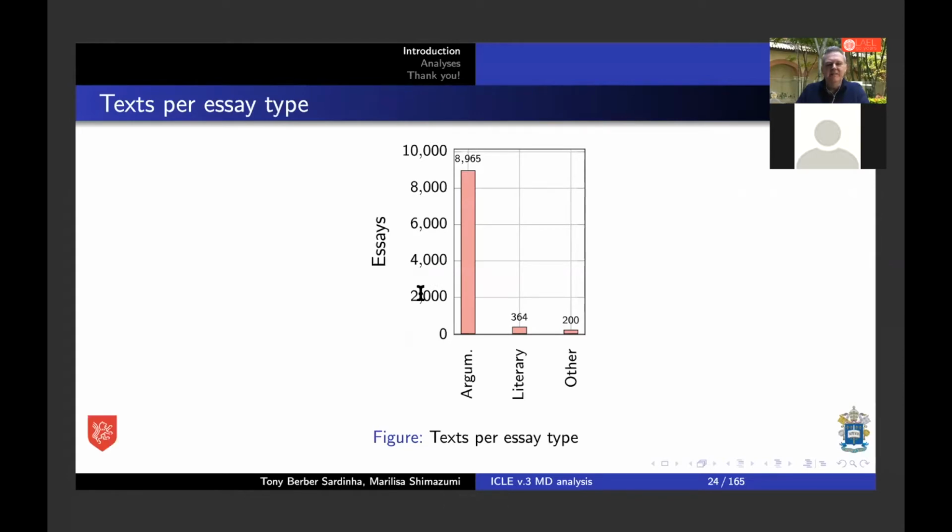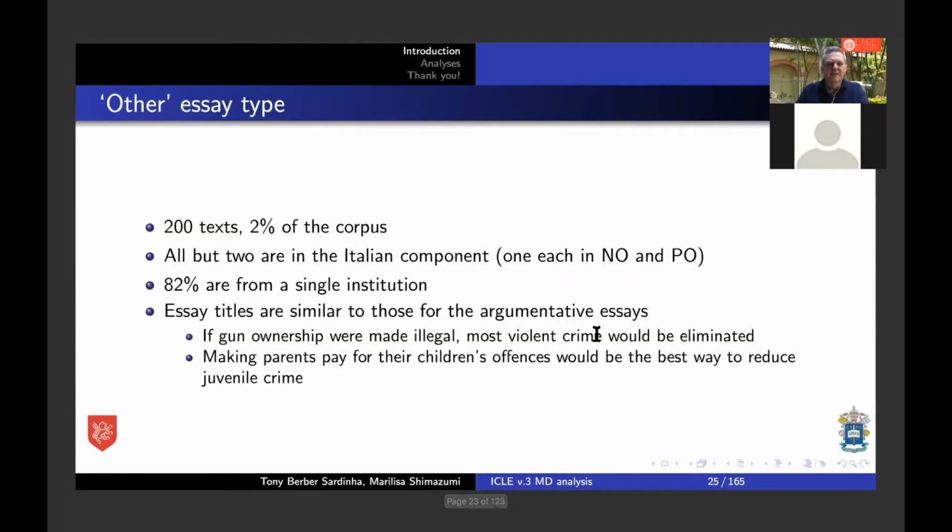Okay, essay types. They were asked to write an argumentative essay, and by far most of them did. But some wrote literary essays and other essays. These other essays are intriguing, so I had a look. There are 200 of those, but all but 2 are found in the Italian component, and 82% are from a single institution.